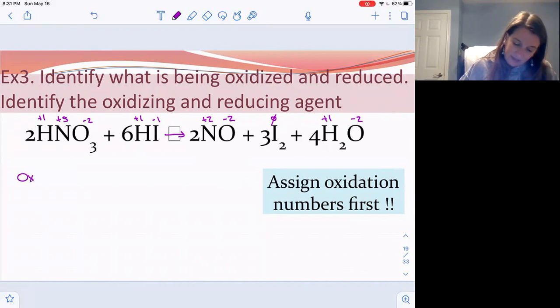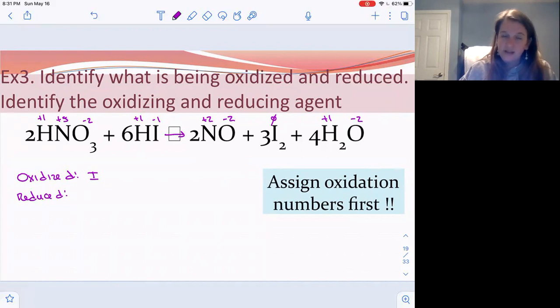So what is oxidized? What lost electrons? Well, we can see that the thing that got more positive is going to be the iodine because it went from -1 to 0. What's reduced? What got more negative? Well, I can see that the nitrogen got reduced because it went from +5 down to +2. Notice here when I identified what's oxidized and what's reduced, I put just a single element.